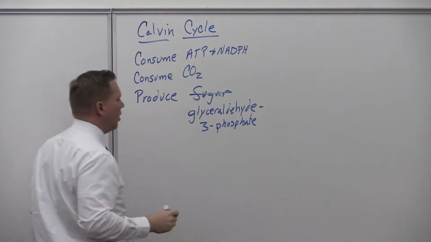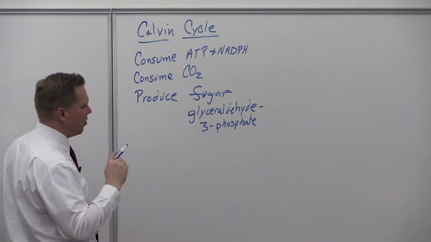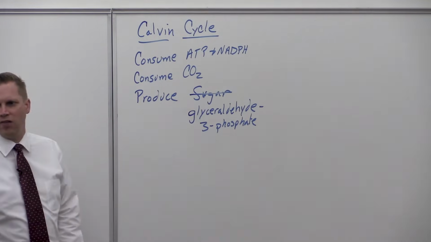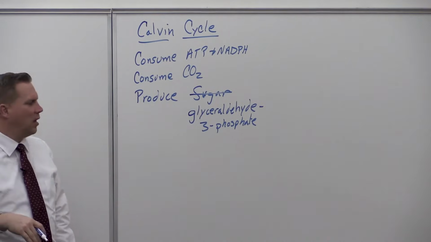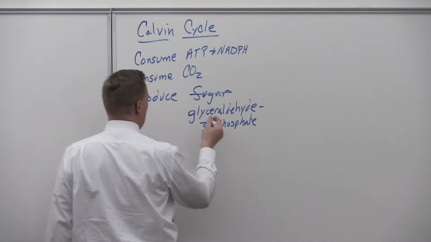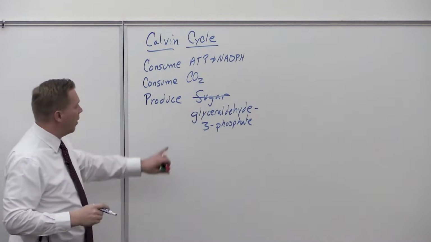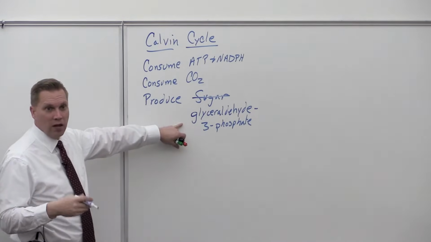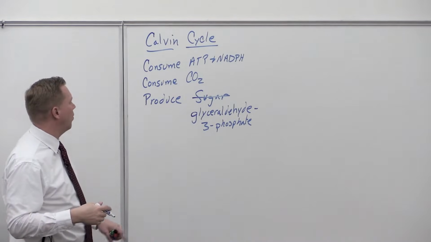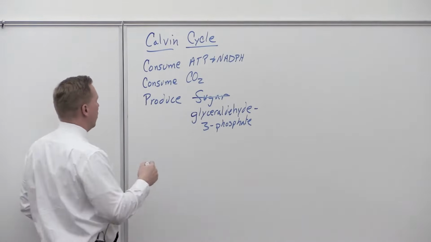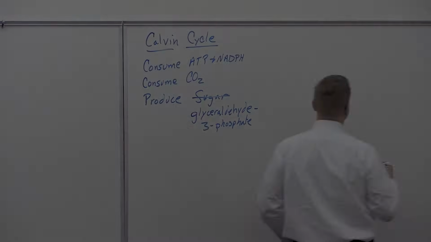And that glyceraldehyde 3-phosphate is going to be transported into the cytosol and used to make glucose in the end. So we're actually producing about half a sugar in this. But it does allow that plant to make glucose, which is the ultimate end goal. So that's what we're going to do with the Calvin cycle.